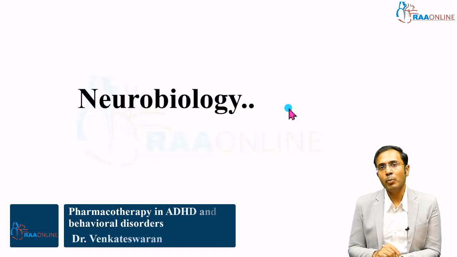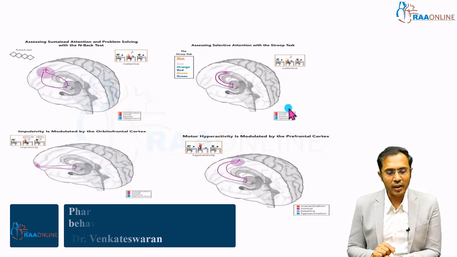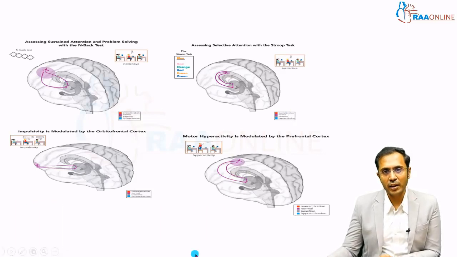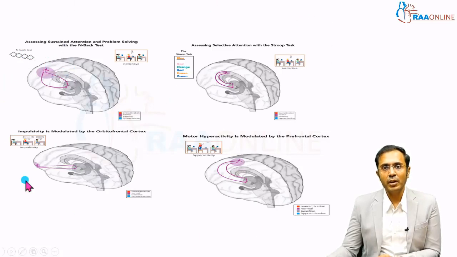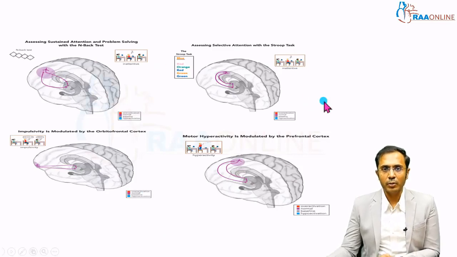Next, what does neurobiology say in terms of treatment of ADHD? These are the circuits involved in ADHD. Basically, the frontostriatal circuit, frontal lobe and striatum, where a dysfunctional frontostriatal circuit is responsible for the core symptoms of ADHD.